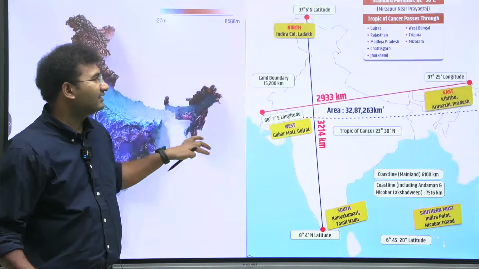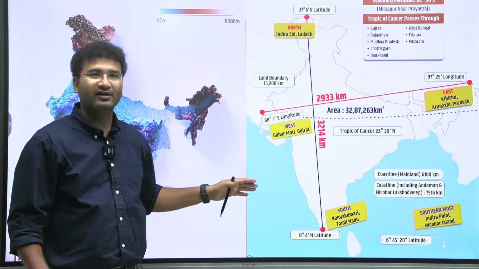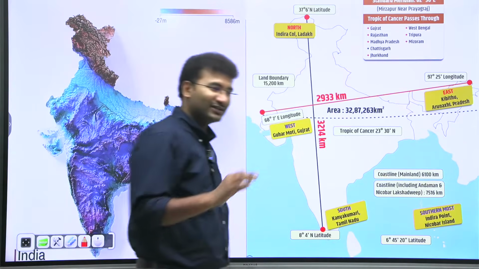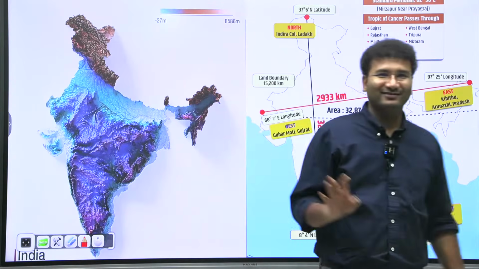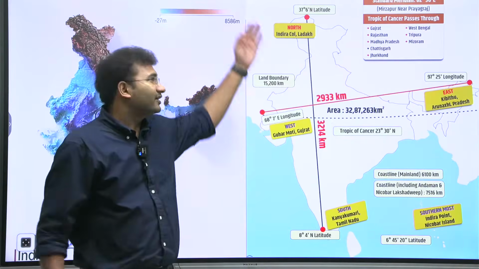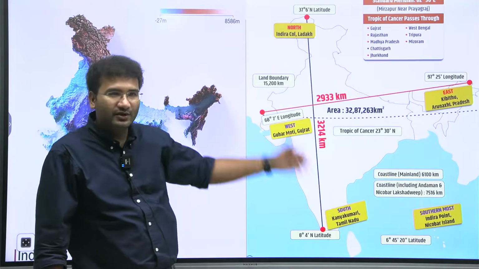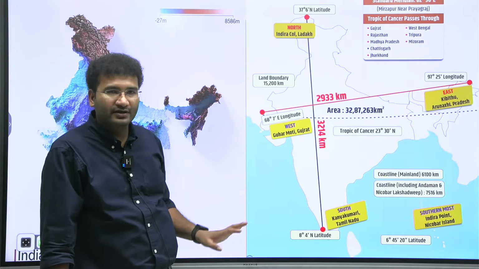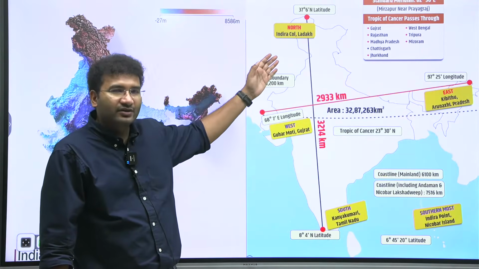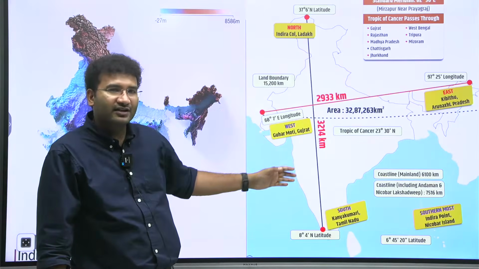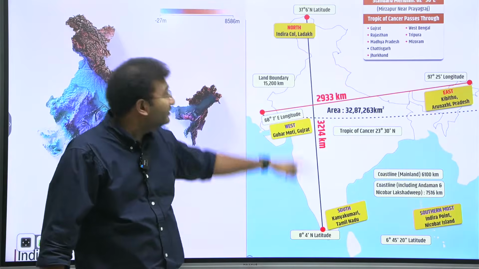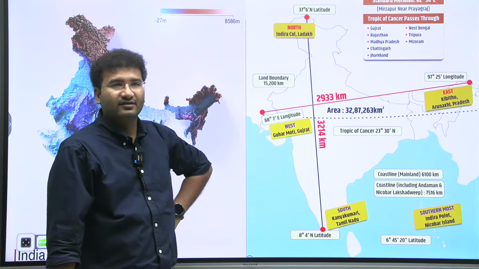So we generally say Kashmir to Kanyakumari, that is very stereotyping. You say Kashmir to Indira Point, right? Kashmir to Kanyakumari or Kashmir to Indira Point, that is the extent of India. And from Guhar Moti to Kibithu, is the latitudinal extent more or the longitudinal extent more? 8 degrees to 37 degrees.